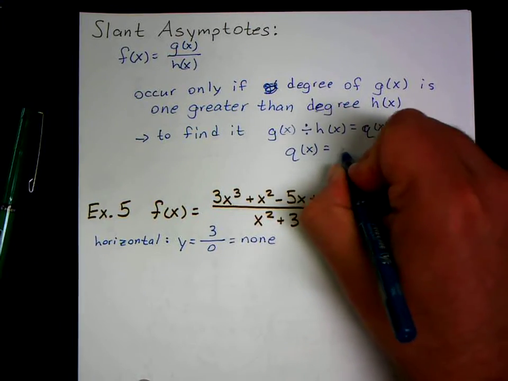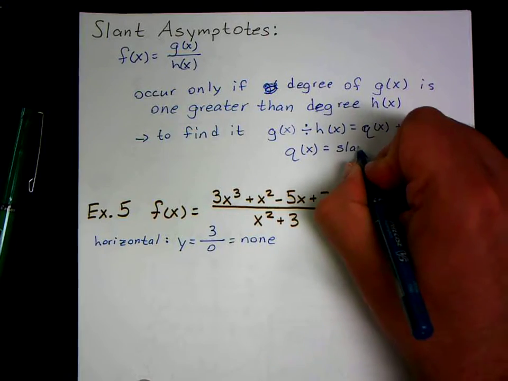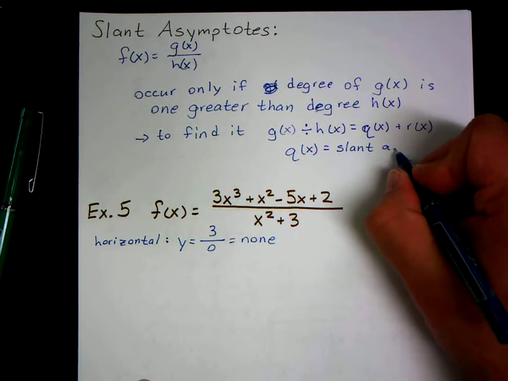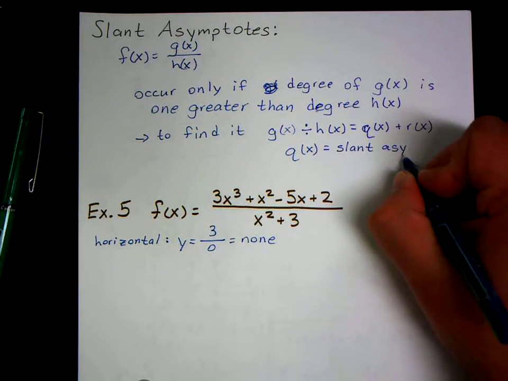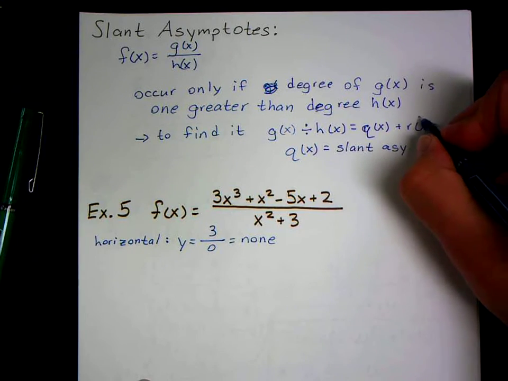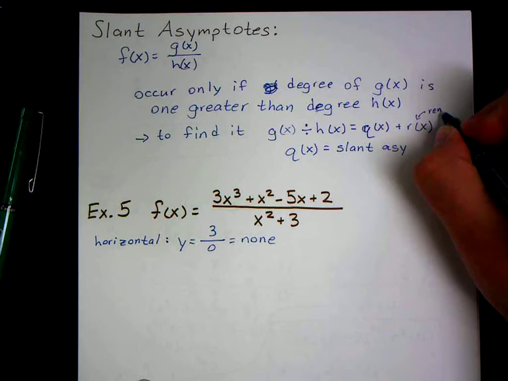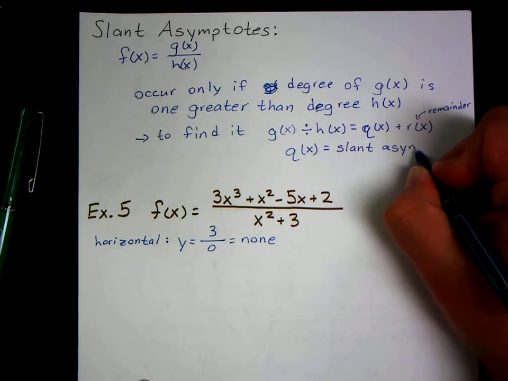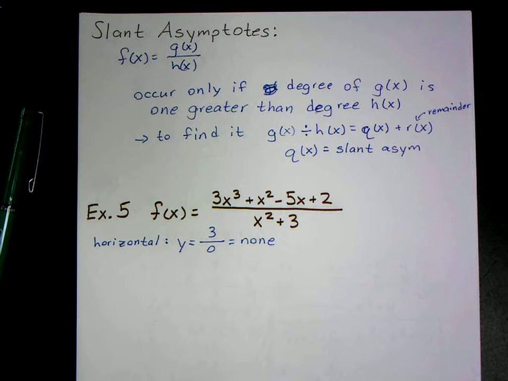Q of x is your slant asymptote. You throw away your remainder. I'll show you. We'll do the example.